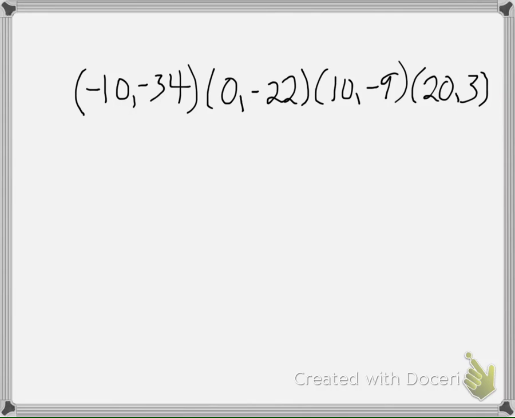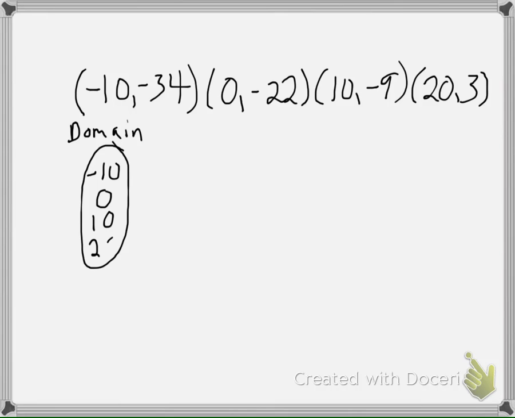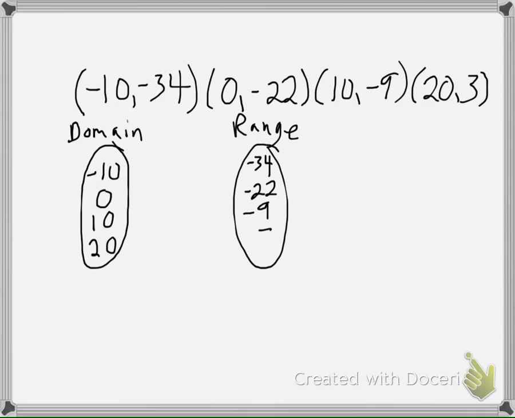So one way that we can do it is what's called a mapping diagram, in which we list in one little oval, we put our domain. In other words, we list all our x values. So we have -10, we have 0, we have 10, and we have 20. And then in another oval, we list our range or our y values. So I have -34, -22, -9, and 3.